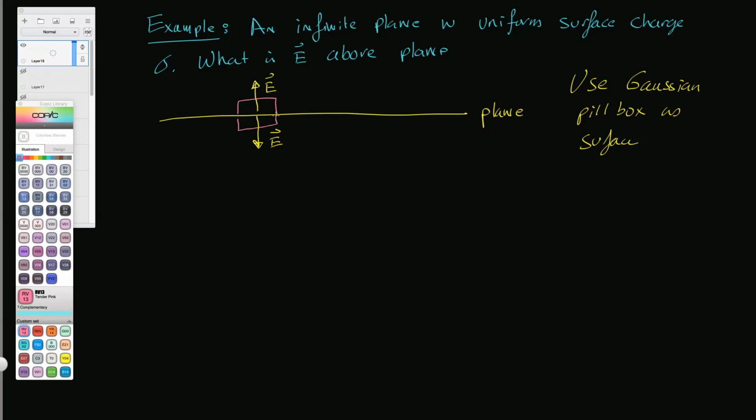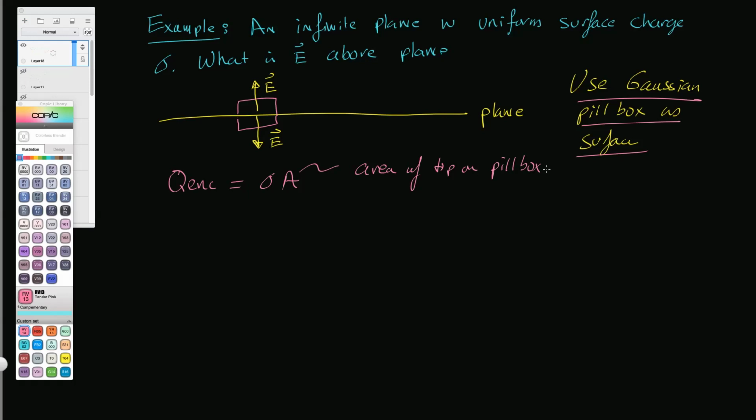This is our Gaussian pillbox. And the Q enclosed in our Gaussian pillbox is just going to be sigma times the area of the top of the pillbox, because you're kind of stamping out an amount sigma, since its area is A. Does that make sense to you?